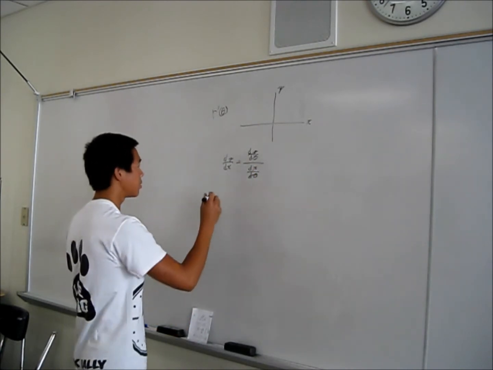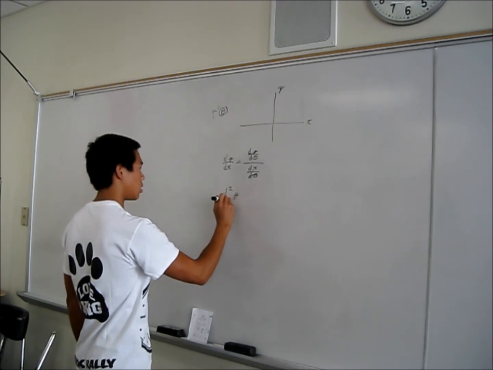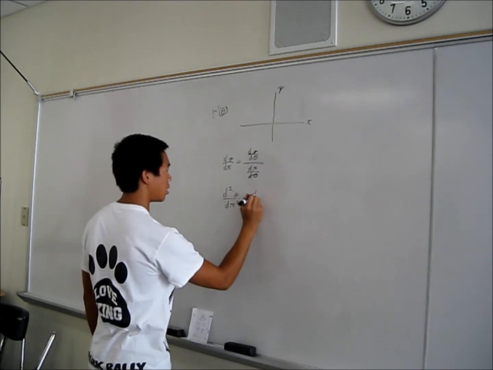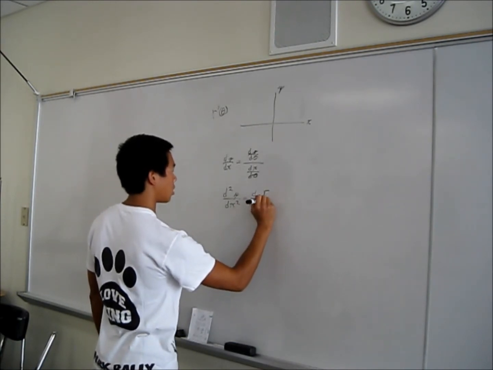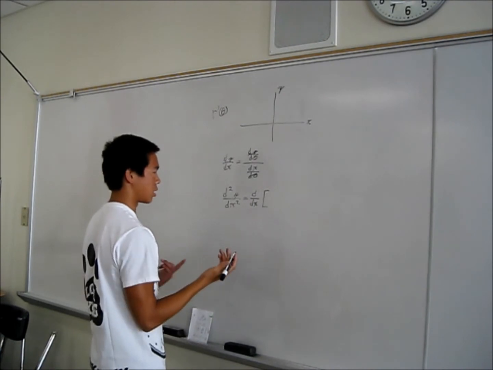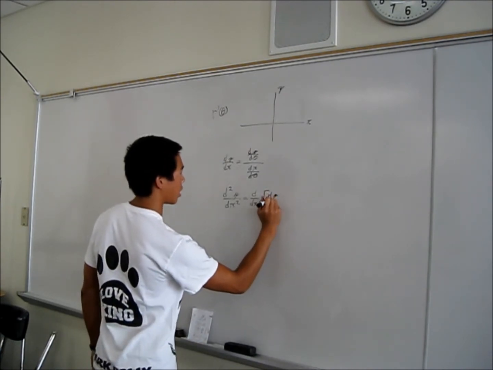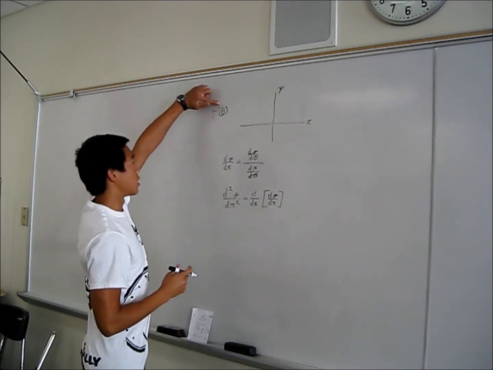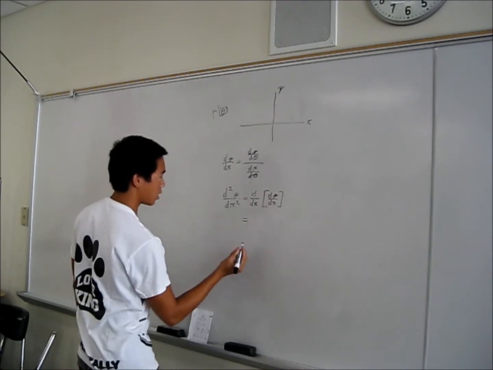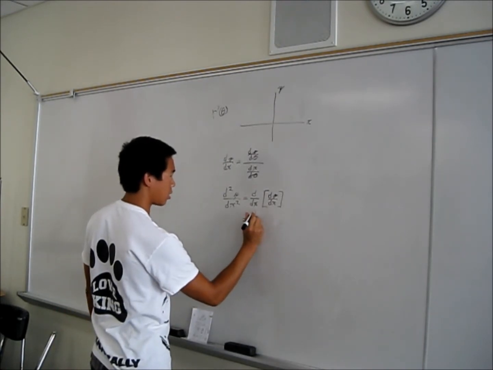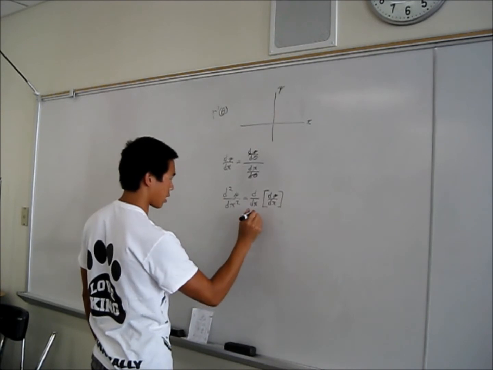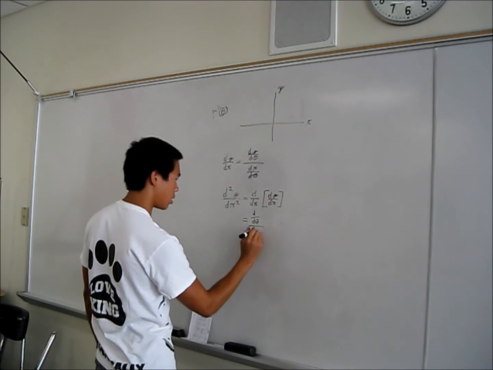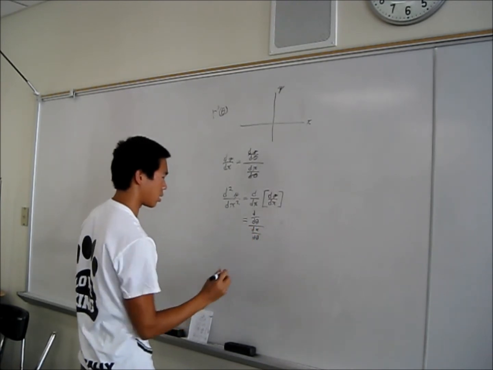For the second derivative, d squared y over dx squared, that would be the derivative according to Cartesian in terms of x of dy dx, but then we need it in terms of theta, so we take dy dx and do d over d theta of dy dx over dx d theta.